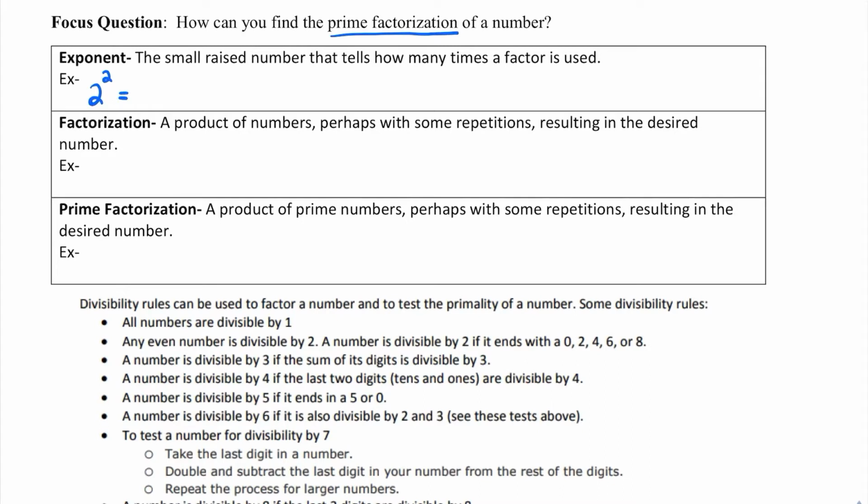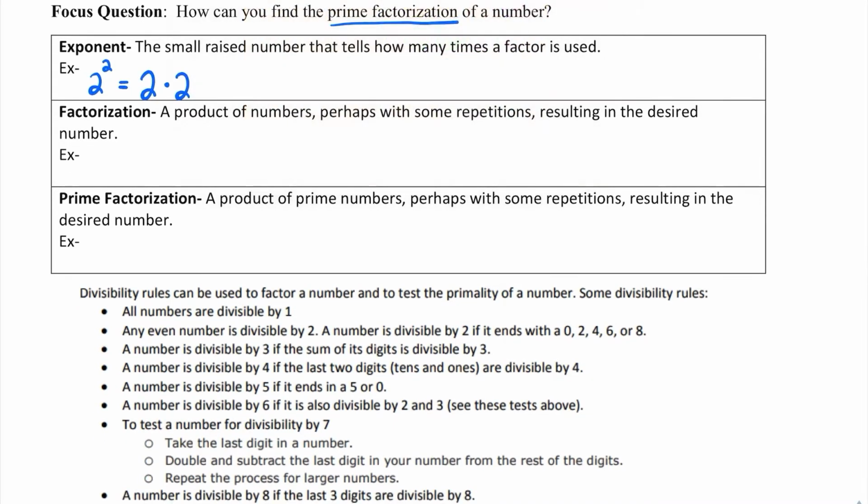When we're talking about area, our units are always squared. So in this case, this floating 2 is telling me, how many 2's am I multiplying here? I translate this 2 squared to a multiplication sentence like this, 2 times 2.